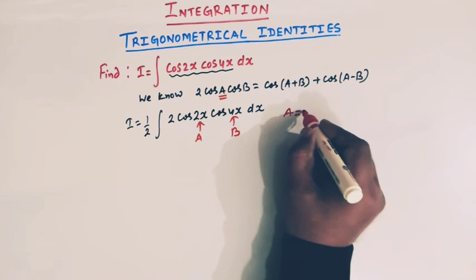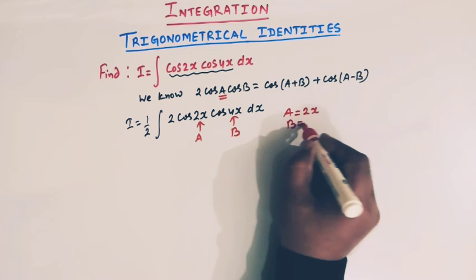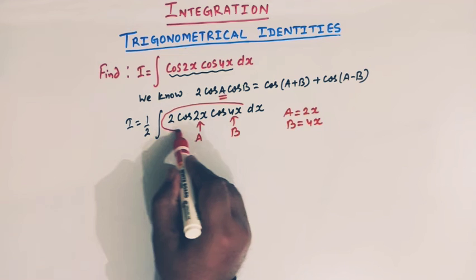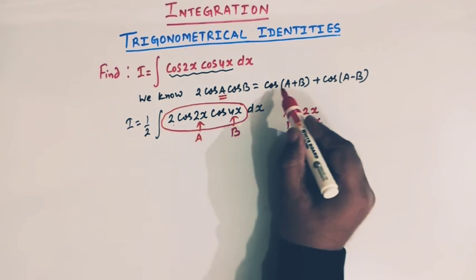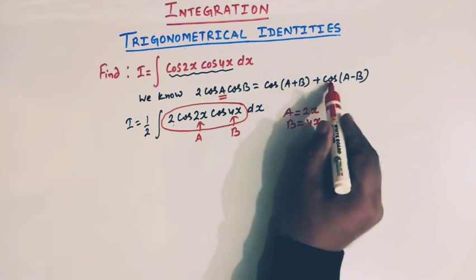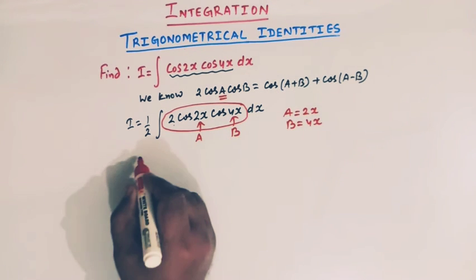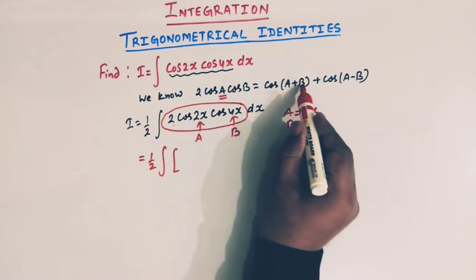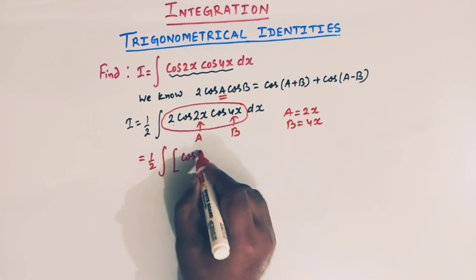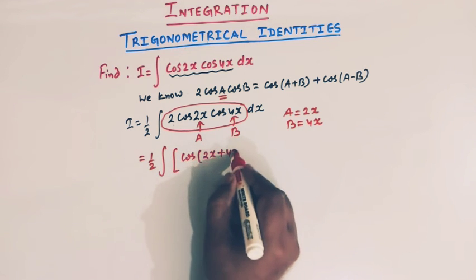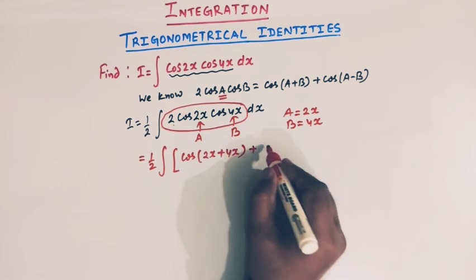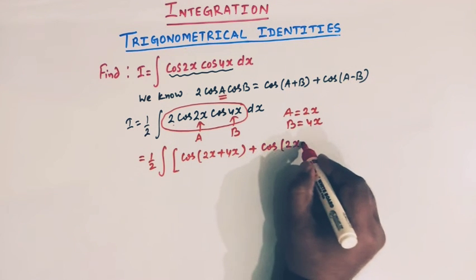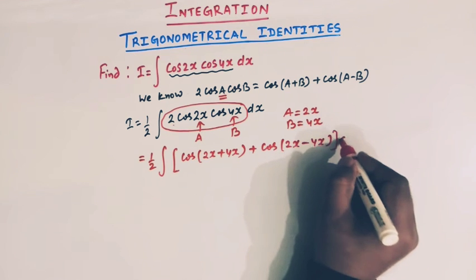So a is 2x and b is 4x, right? So now we'll convert this product into the sum of these two cos functions. So we can write half integral, and we have cos a plus b. So here we have cos 2x plus 4x, that is a plus b. Then we have cos a minus b. So here we have 2x minus 4x, right, and dx.